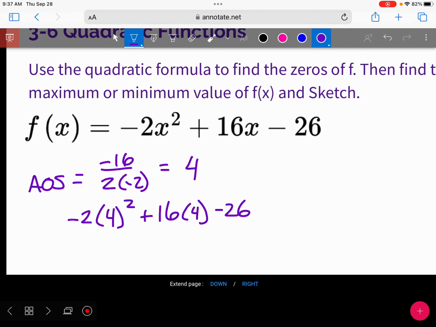These numbers are big and a little bit gross. So we're finding our vertex. We're making a sketch, and if we can find from our a value, our y-intercept, and our vertex, I'm okay if we skip the quadratic formula when it's going to give us gargantuan numbers like 16 squared.